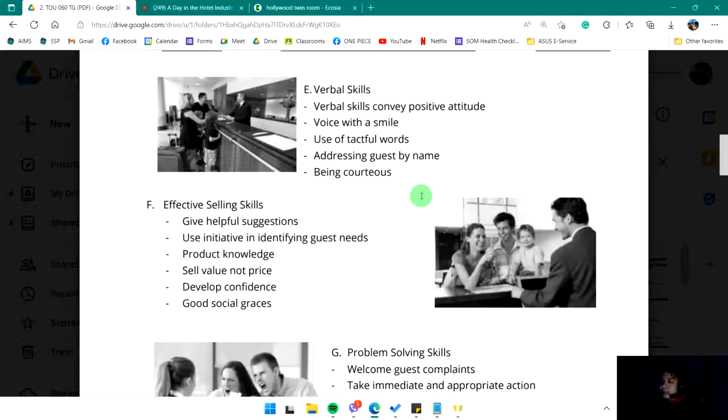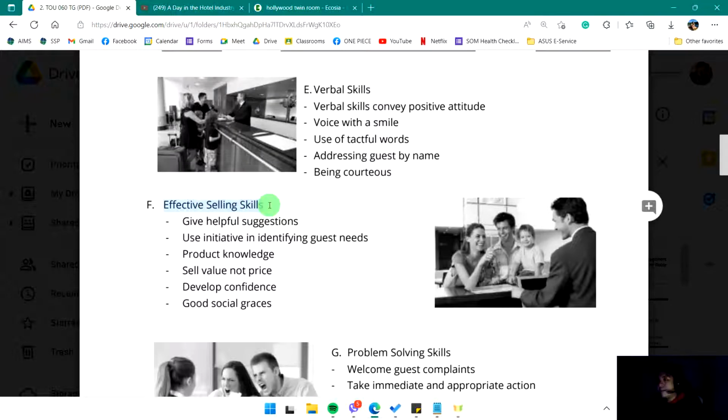And we try to give our best guest service or customer service dun sa ating mga patrons or tumatangkilik sa atin. So, para tayong guest relations every time. And in order for you to do this properly, you have to at least have a good enough skills in communication. So, with the good verbal skills comes good and effective selling skills.